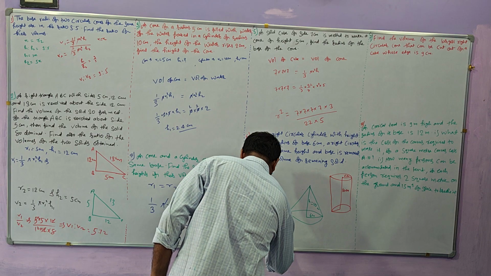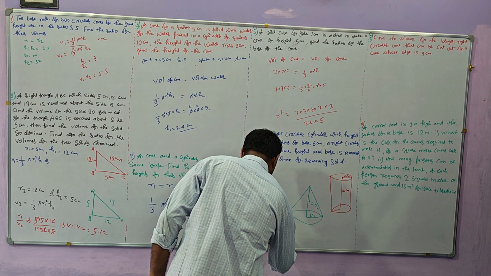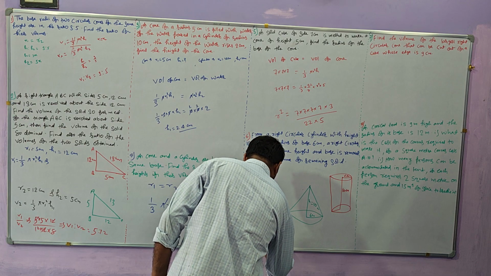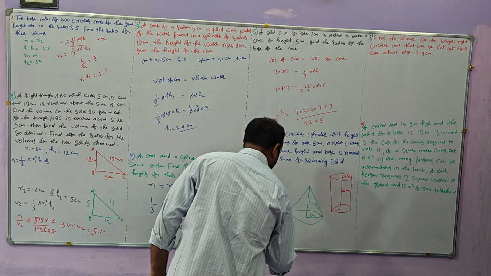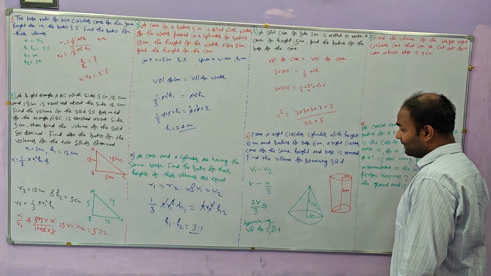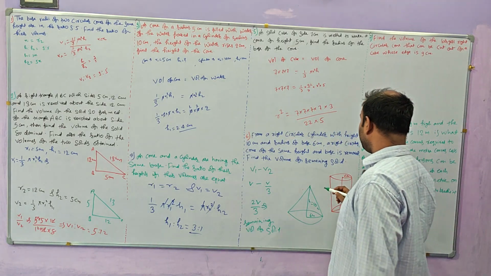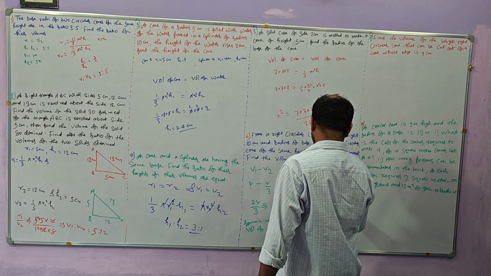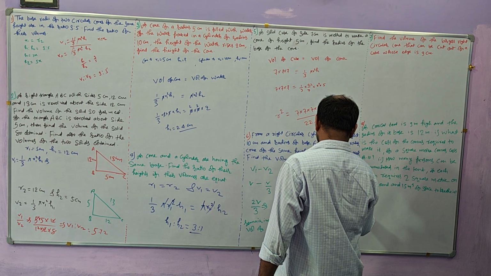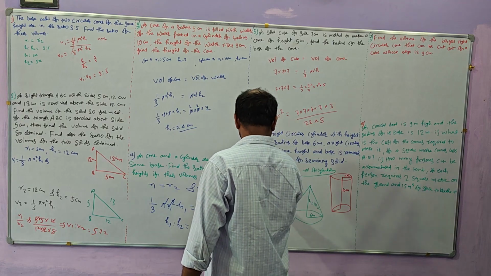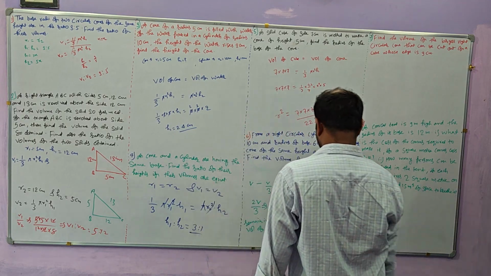The remaining volume is 2 upon 3 of V, and V is basically the volume of the cylinder.